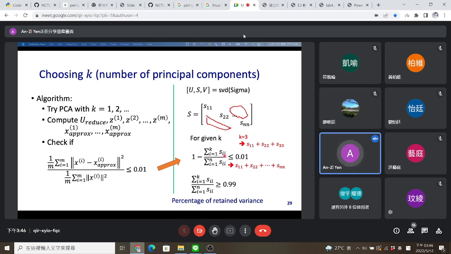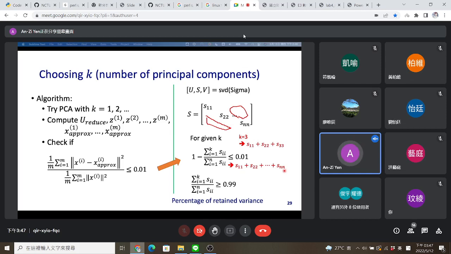In this case we just compute S11, add S22 and S33 here. Okay, and it divides by S11 plus S22 until Snn.